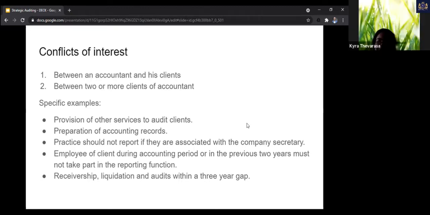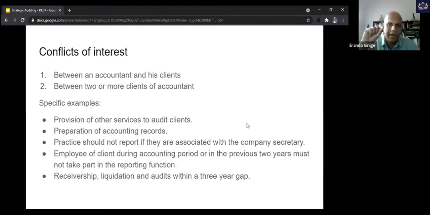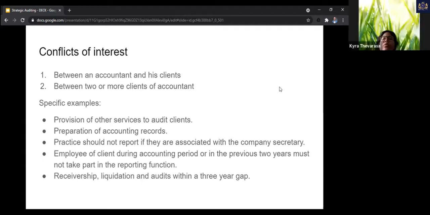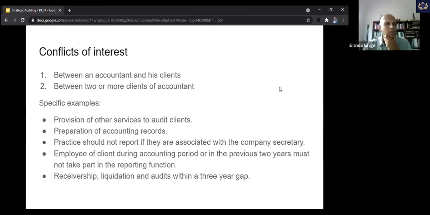But as a manager, this gives you an implication of how to select an auditor. When you're selecting an auditor, this will be one of your concerns, right?